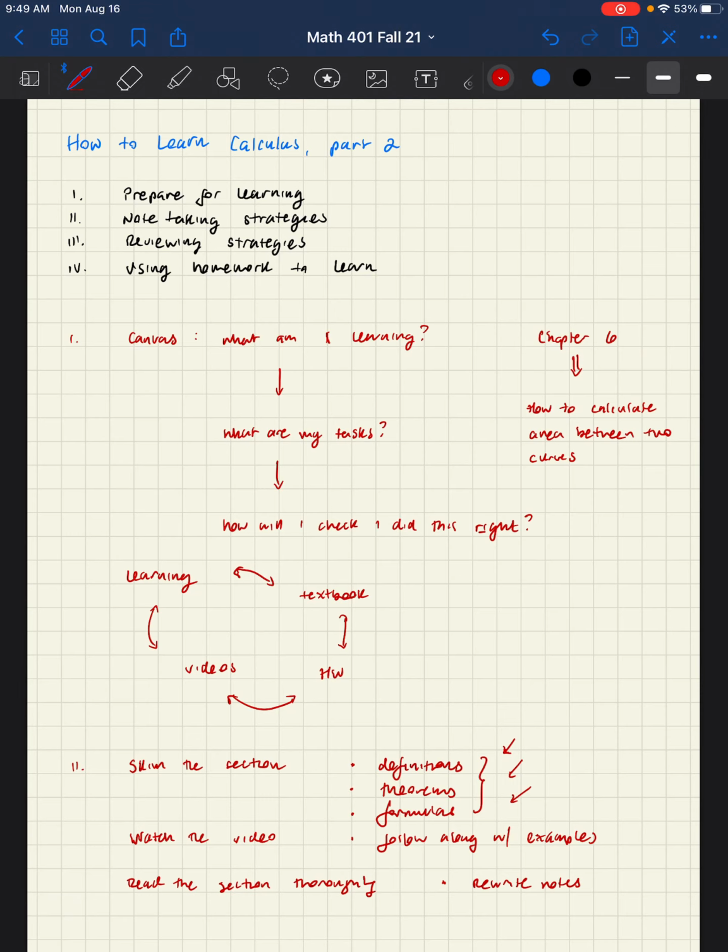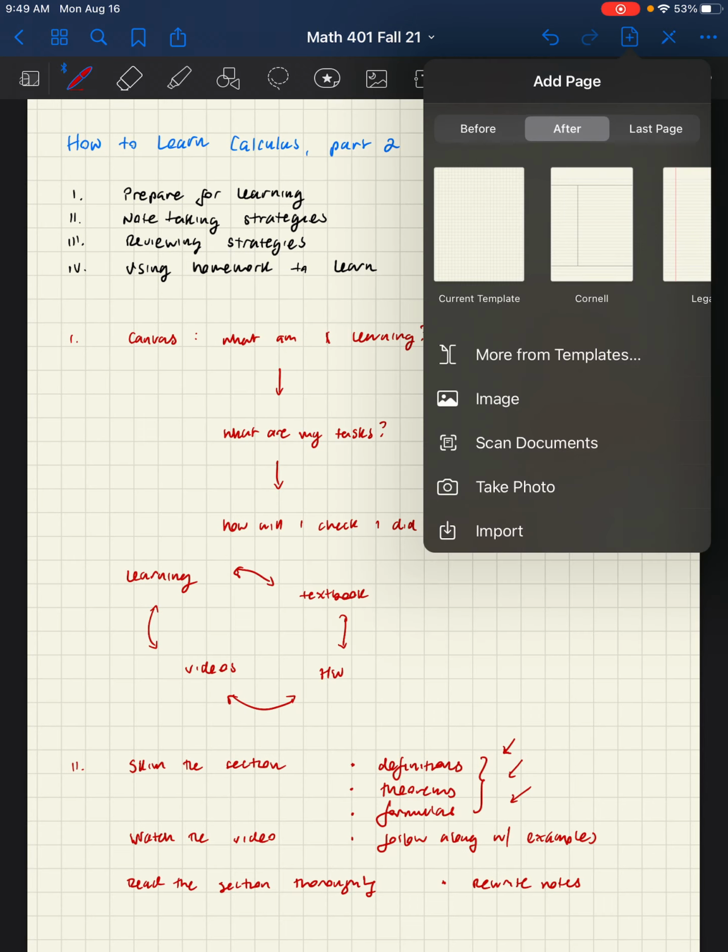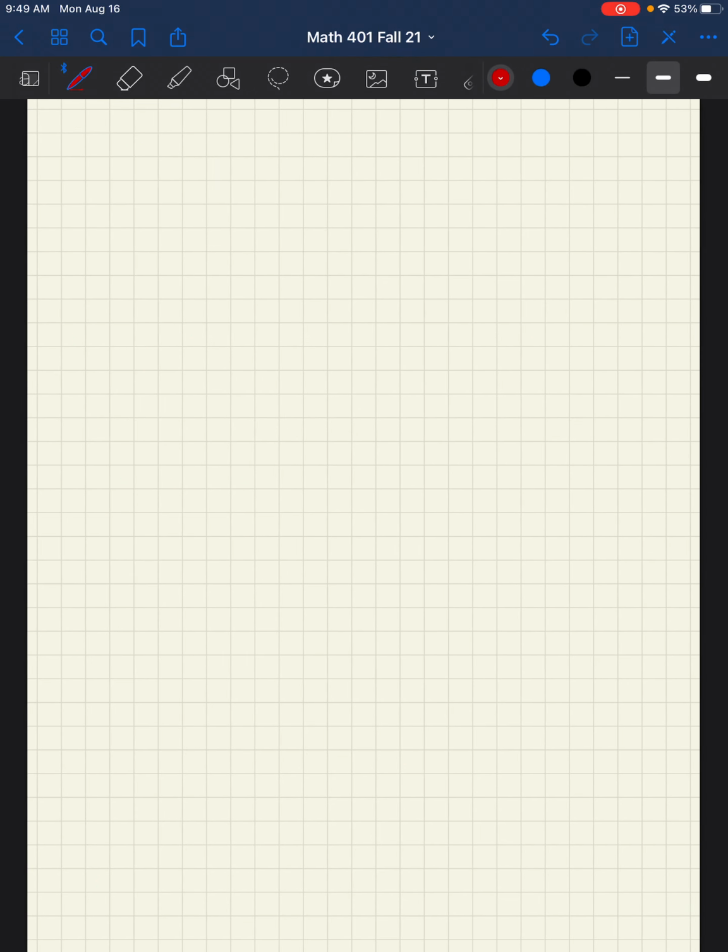So that's note-taking. What about reviewing? So if we're reviewing, there are a few different things that we can work with, right? So there's, of course, the homework. So redo the homework, additional practice.